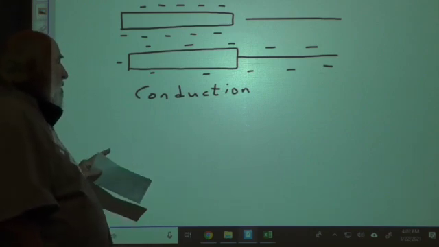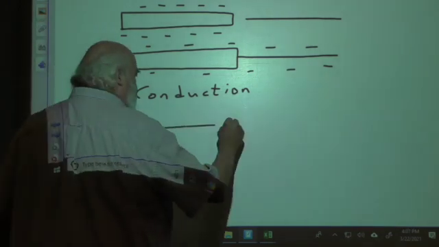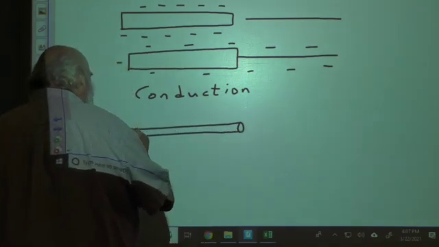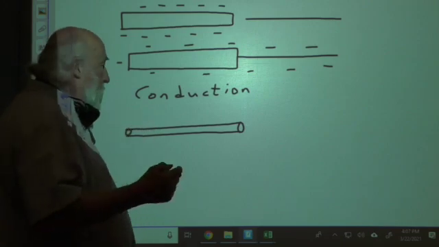Okay, well that's conduction. Now, let's suppose that we have a plastic dowel, some kind of cylinder, that has also been charged with electrons.